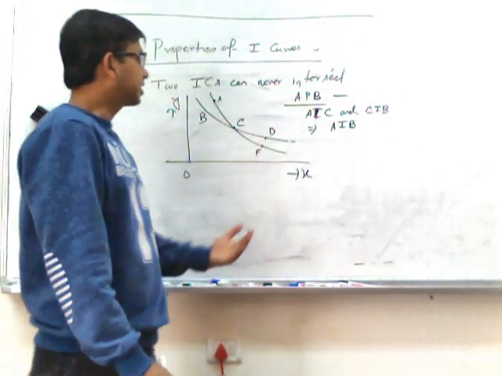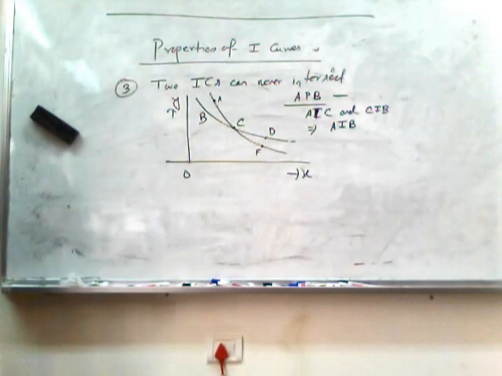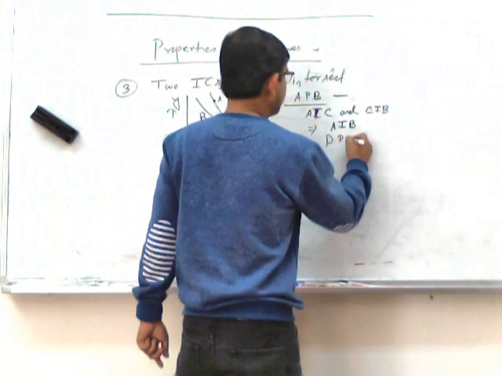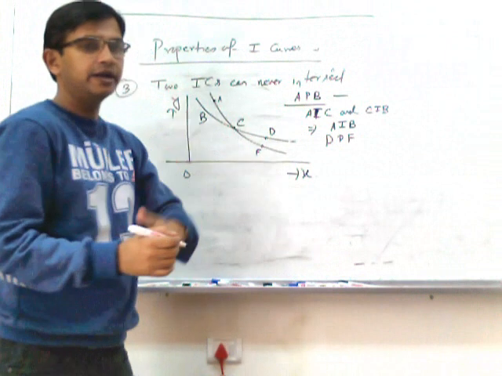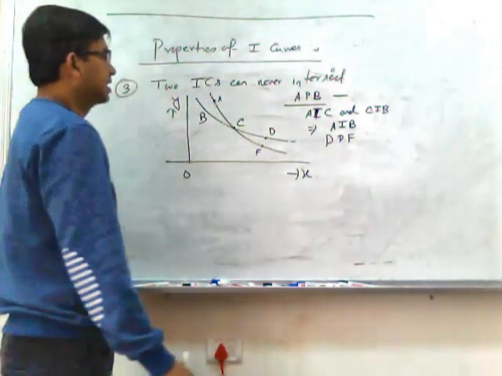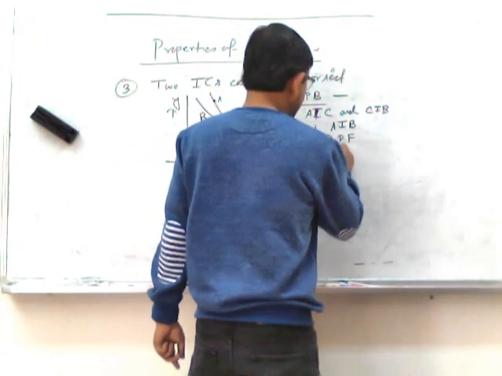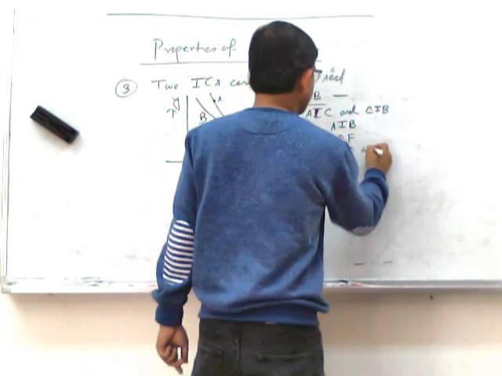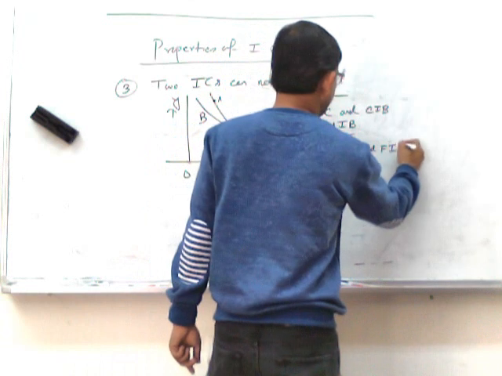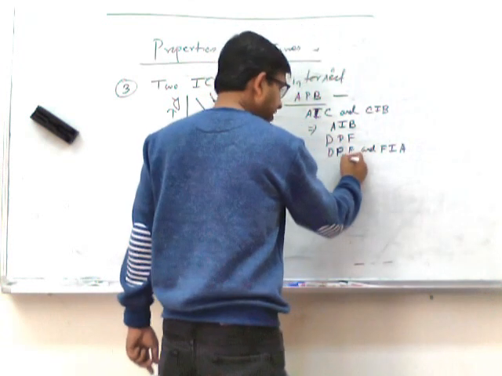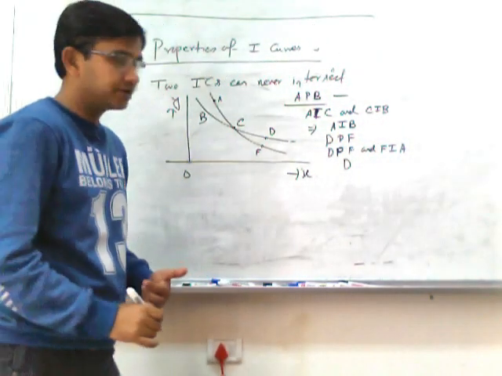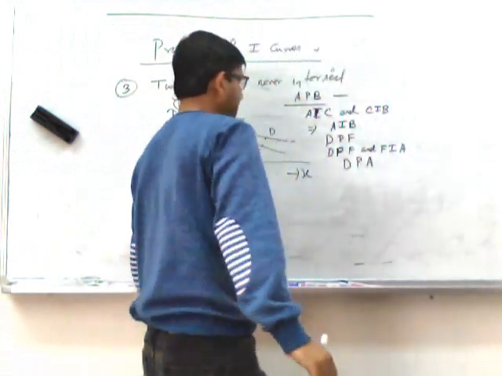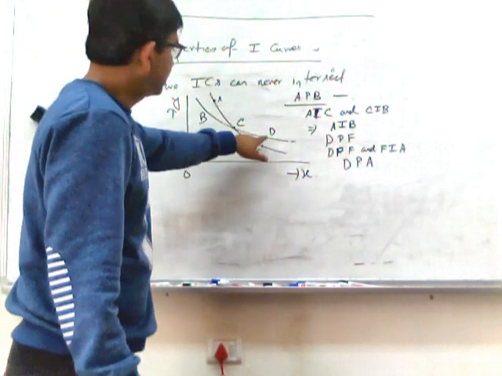If we proceed, we can again find that D is preferred to F because D is on the higher indifference curve. Next, D is preferred to F and F is indifferent to A. So we can write here by the axiom of transitivity D is preferred to A. Next, B and D are on the same indifference curve.